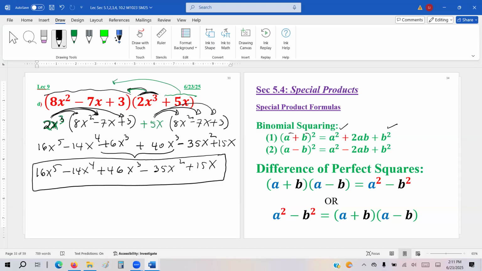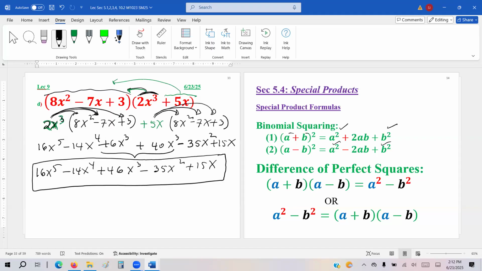So plus twice their product. For minus, same thing. a squared plus b squared is always plus, okay? And for minus, you subtract twice their product. For addition, you add twice their product. For subtraction, you subtract twice their product. That's it.